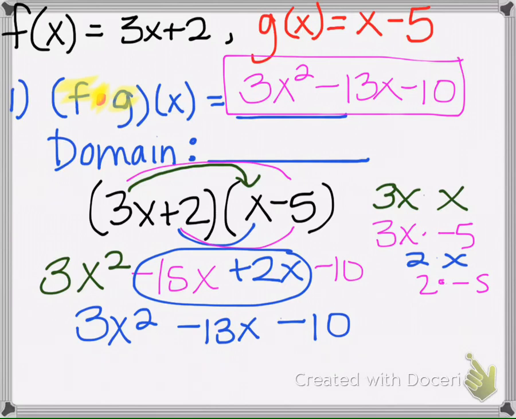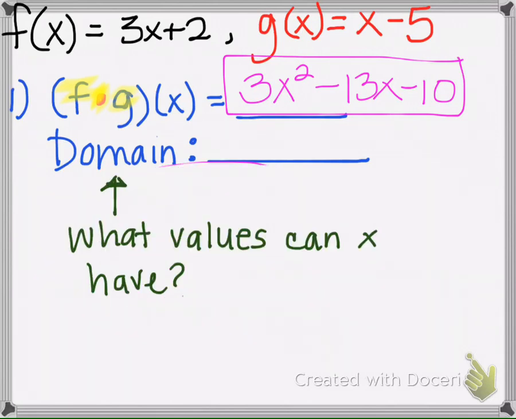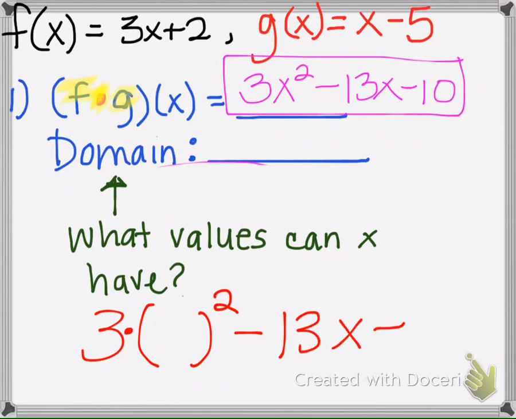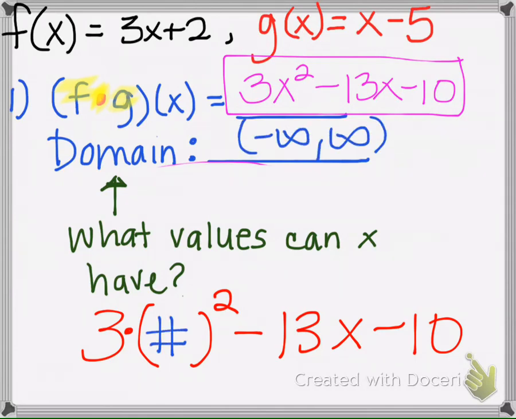So now we're asked for the domain. Domain means what numbers can I plug in for x? What numbers can I square, then multiply by 3, and then multiply by negative 13, subtract 10, and hopefully you're thinking any number would work. So our domain is all real numbers, because we can plug in any number here and here.